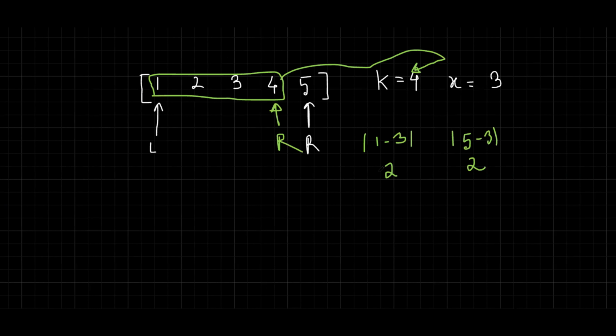Now, if this condition is true, we are simply shifting the right pointer, right minus minus. Otherwise, if this condition is not true, we have to shift our left pointer, which is left plus plus.